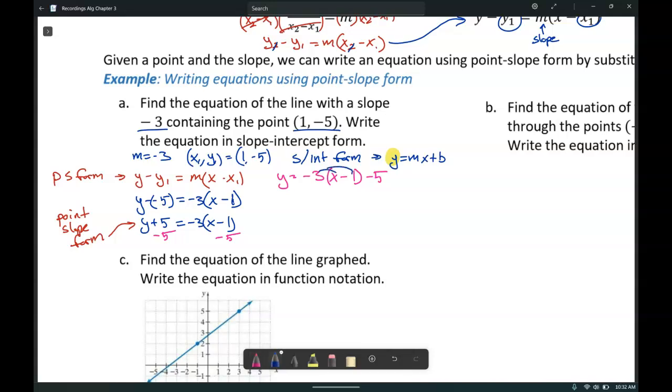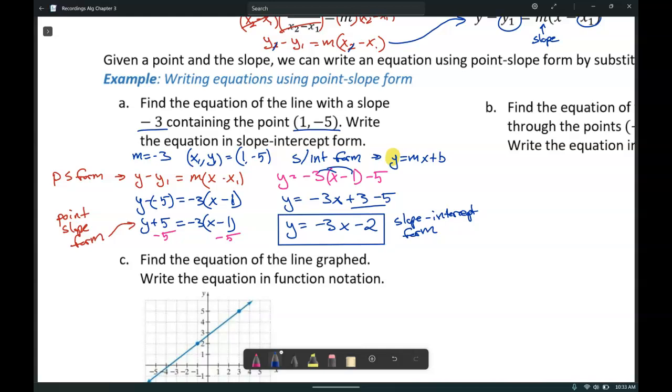We can use the distributive property to get rid of our parentheses, and then we can combine our like terms. And so then we get the slope-intercept form of our line. So we will be using point-slope form a lot as a starting point, and then from there, rewriting our equation into one of our 3 other notations.